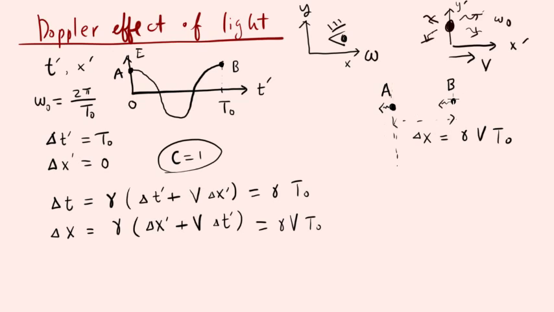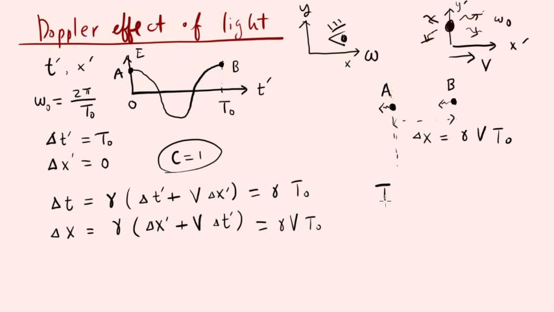When the event B occurs, that's after delta t, but now that doesn't correspond to the same position as the position of event A. In order for the light amplitude generated by event B to be recorded at the position of event A, we must wait for that light to arrive at the position of event A.